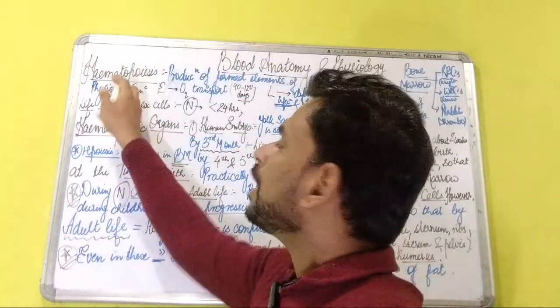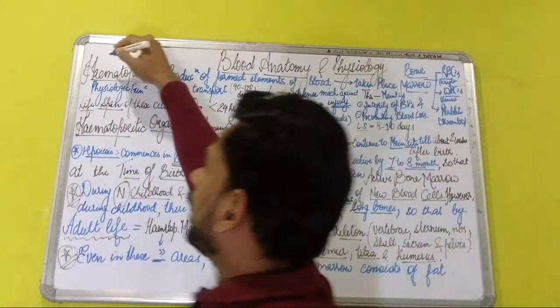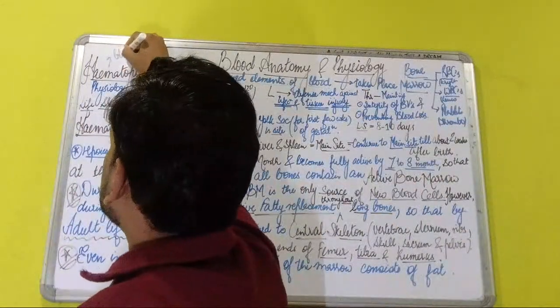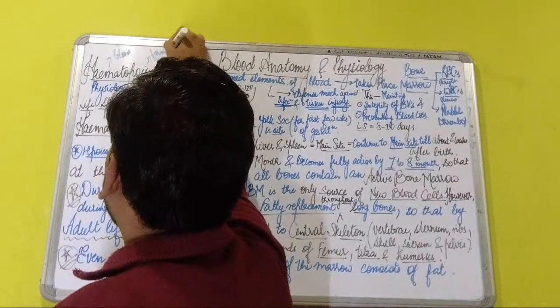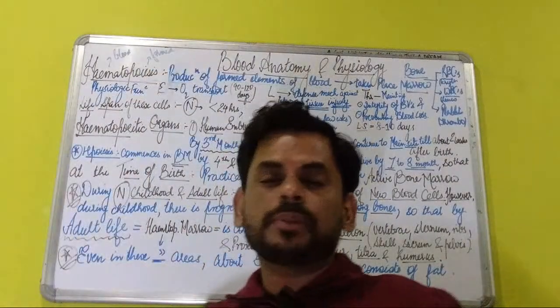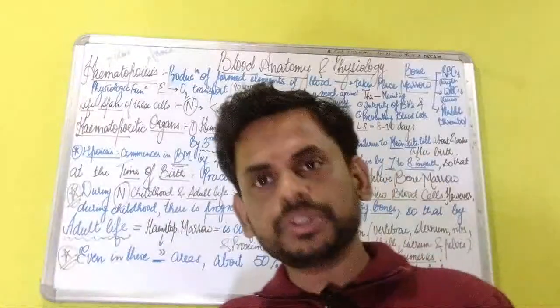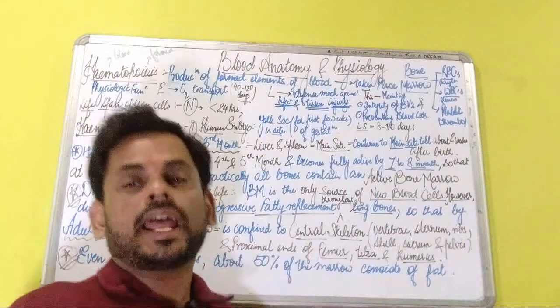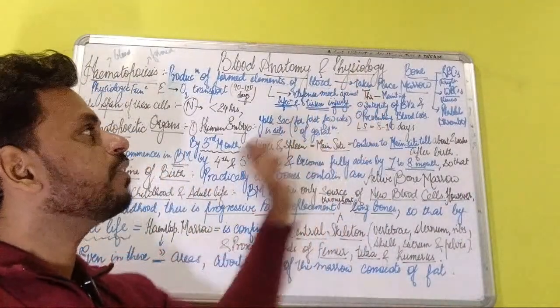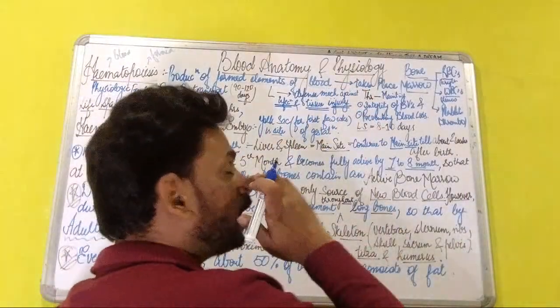Now the word hemato refers to blood and poiesis means formation. So how the blood is getting formed and how the formed elements of the blood are getting into the blood circulation, this process is called hematopoiesis.